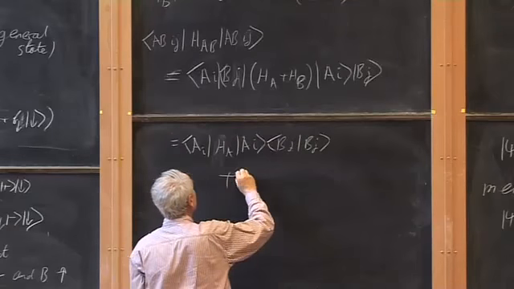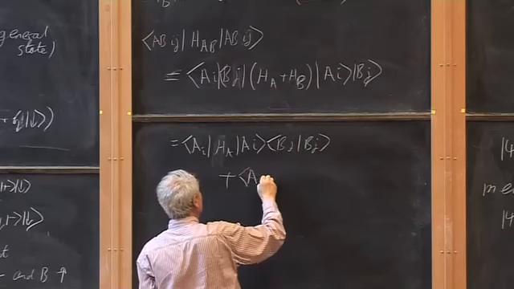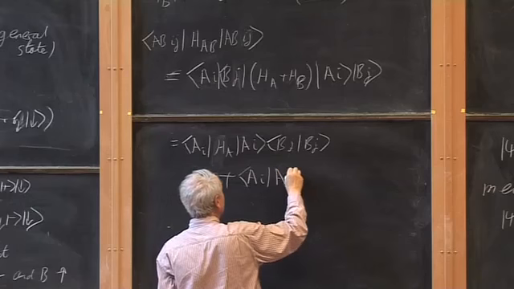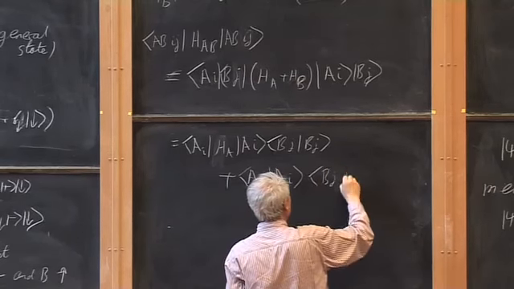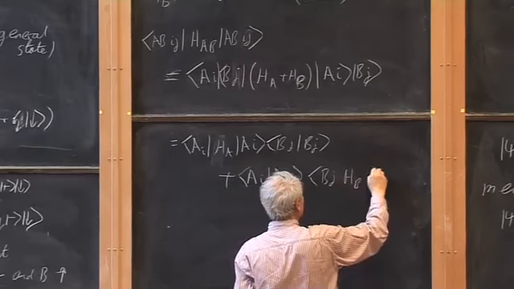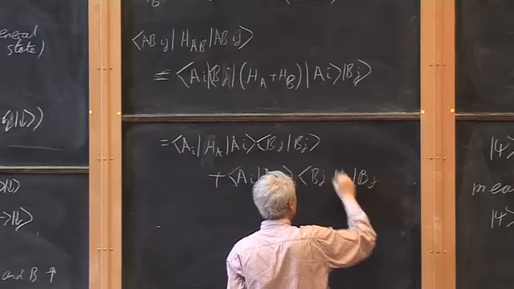Plus, correspondingly, we're going to have AI Bj HB Bj.